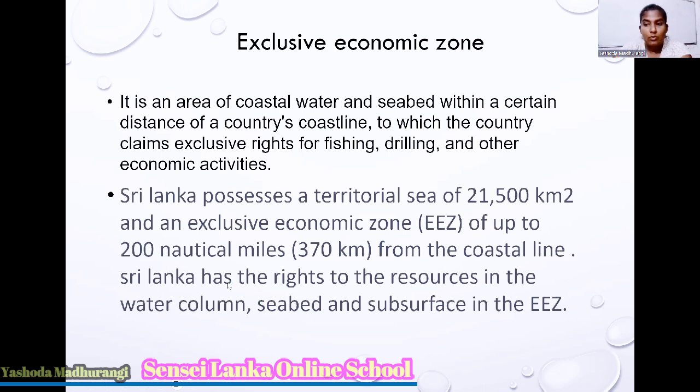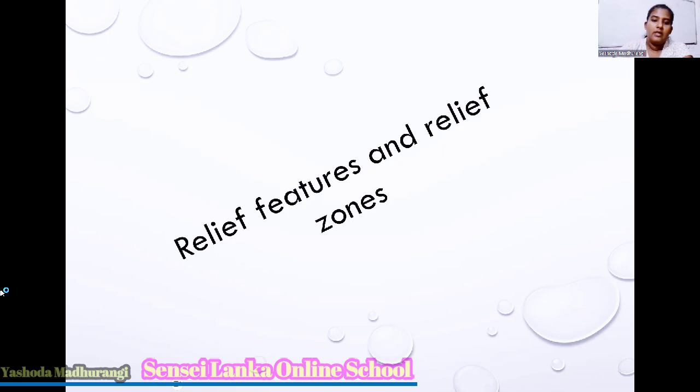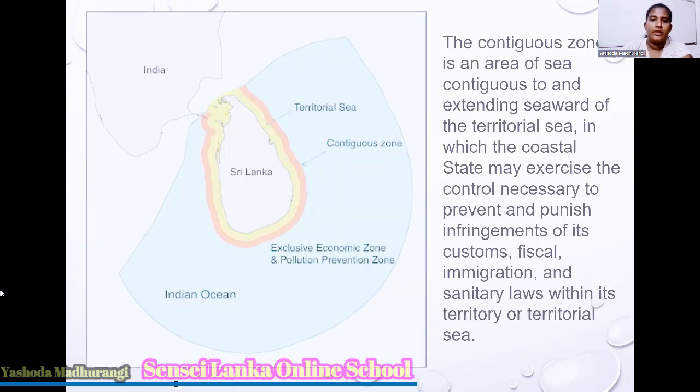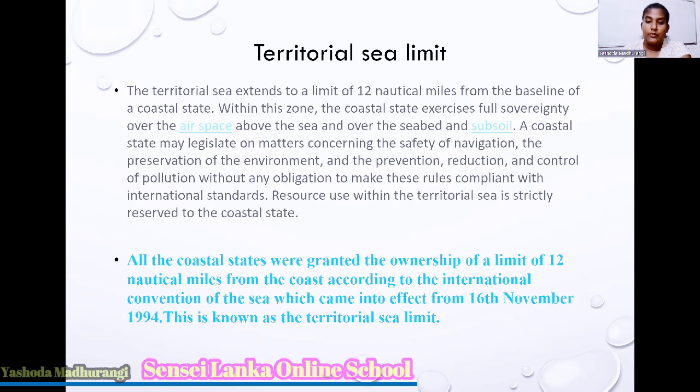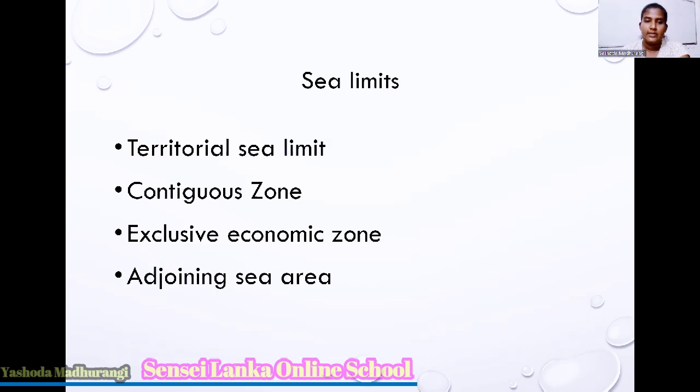So in this exclusive economic zone, as I told you earlier, we can use the resources, but that is not ours. We have to remember. We can use. So that is about different sea limit zones. Here, come again to the topics: territorial sea limit, contiguous zone, exclusive economic zone, and adjoining sea area.